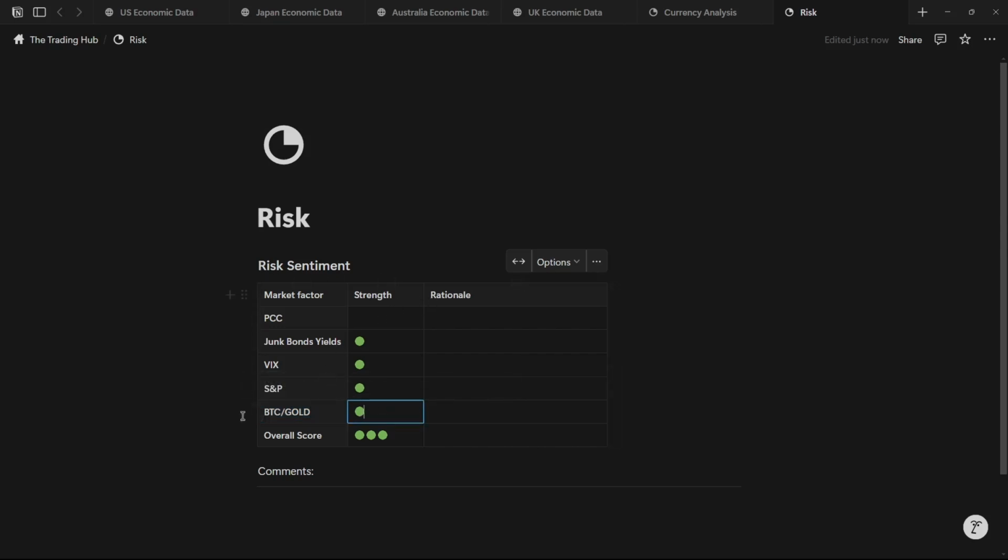And I use all of these metrics right here to determine if the market is currently in a risk on or risk off regime. And you can see that at the moment of recording, we're in a risk on regime, as yields on junk bonds are going down, the volatility index is going down, the S&P 500 is going up, and the Bitcoin to gold ratio is also showing risk on. So that's basically how I judge risk sentiment.